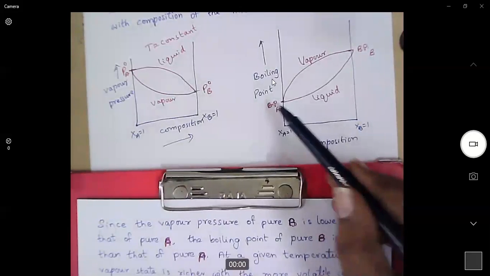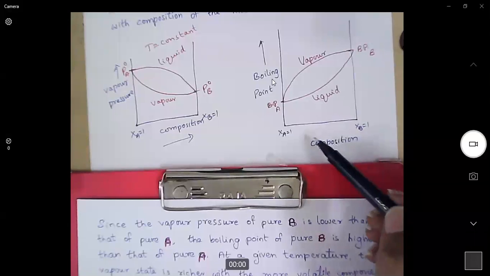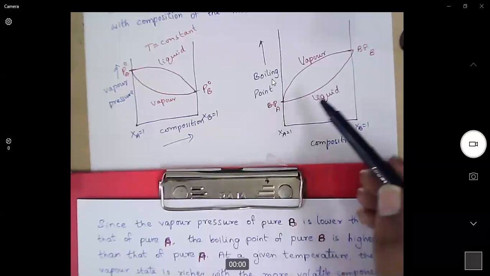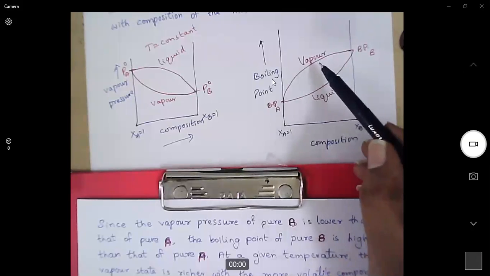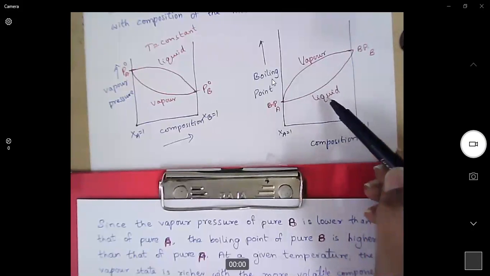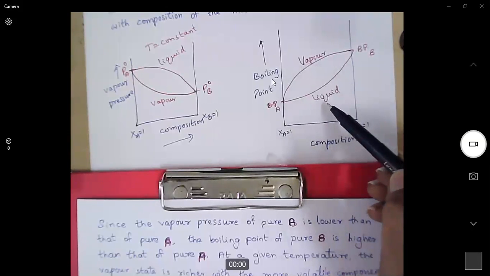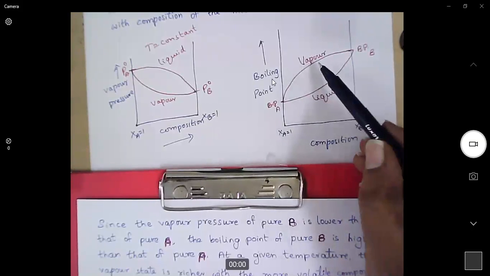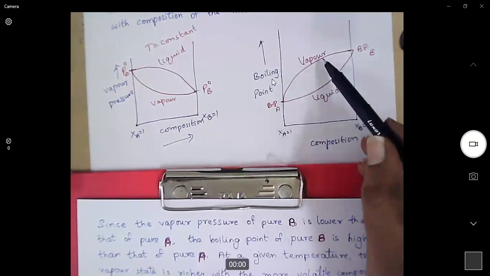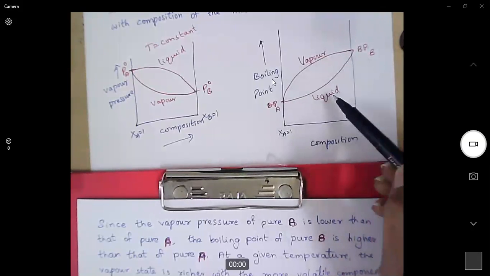But in the boiling point composition curve, here we are supplying heat energy. So the system is richer in vapor than the liquid. More amount is in the vapor state than in the liquid phase. So here the vapor composition curve will be upper than the liquid composition curve.